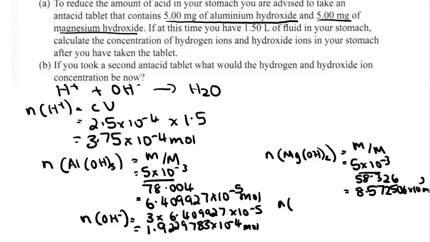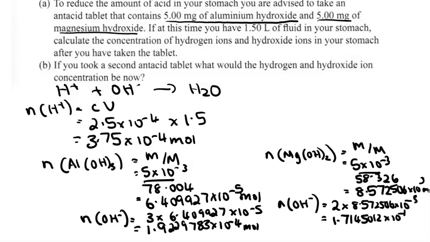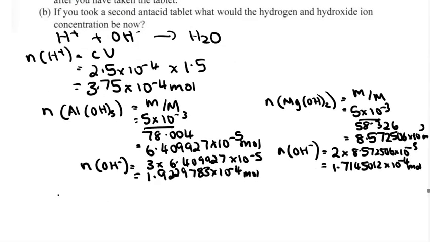So the number of moles of hydroxides here would be twice as many, which is 1.714. Now you need to find the total number of moles of hydrogen ions.